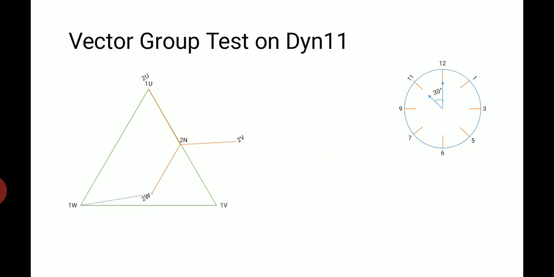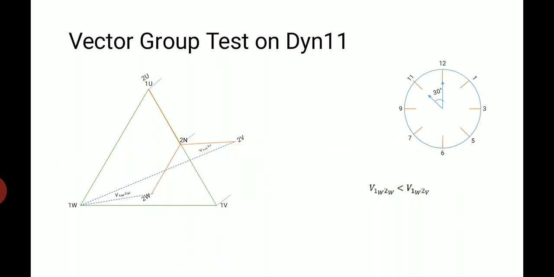So measure the voltage across 1W 2W, then across 1W 2V. You will get one relationship: the voltage across the primary 1W and secondary 2V terminals is more than the voltage across the 1W terminal of primary and 2W terminal of secondary.